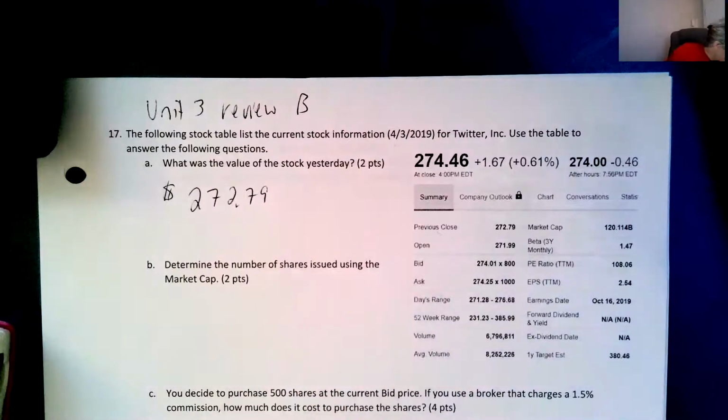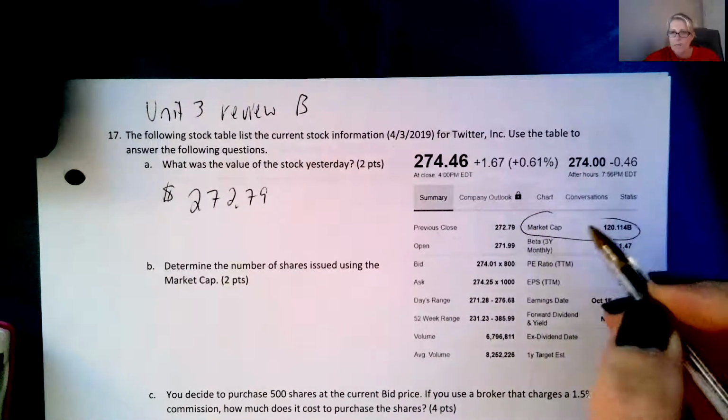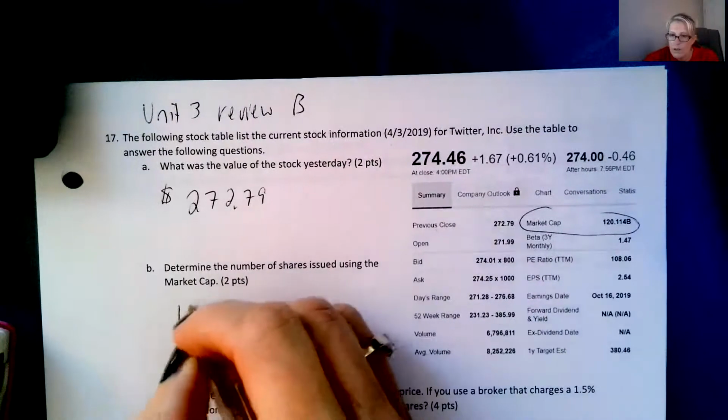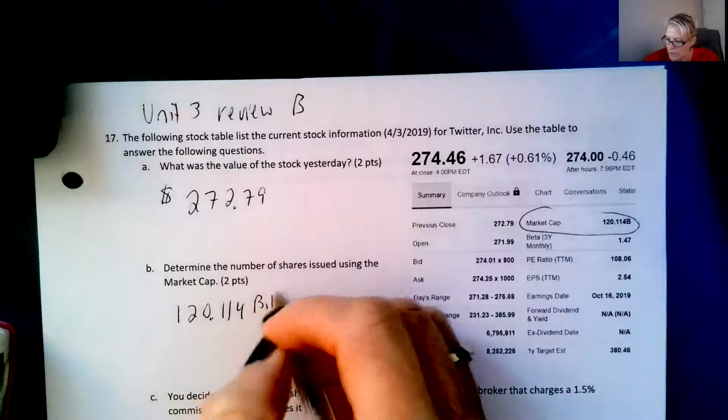Okay. So we have to find the market cap, which is right here: 120.114 billion, right?